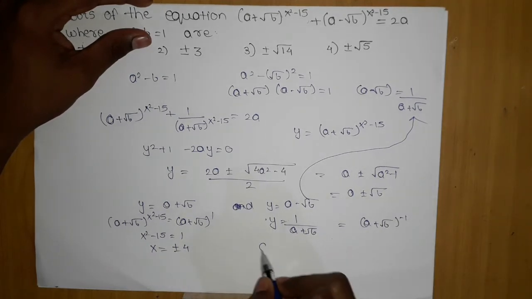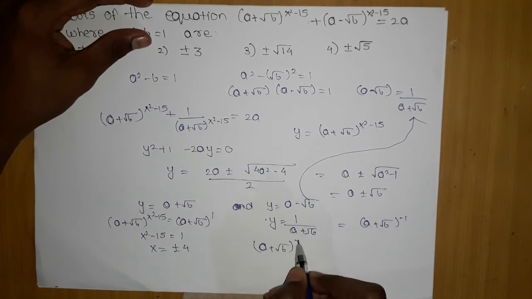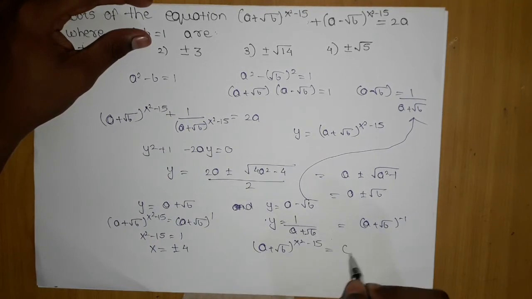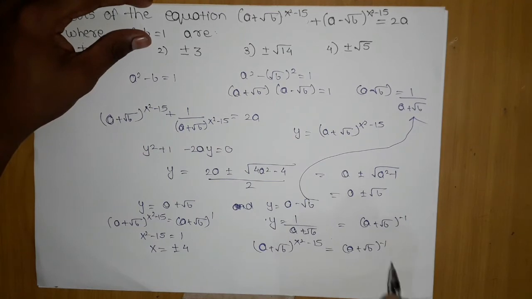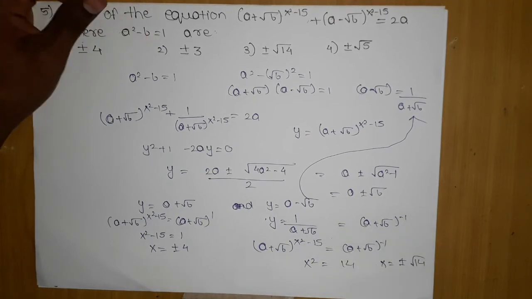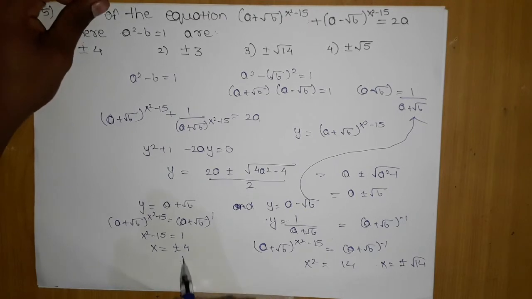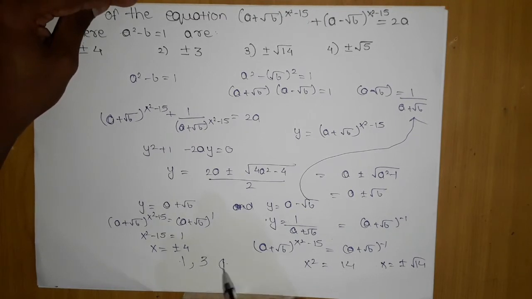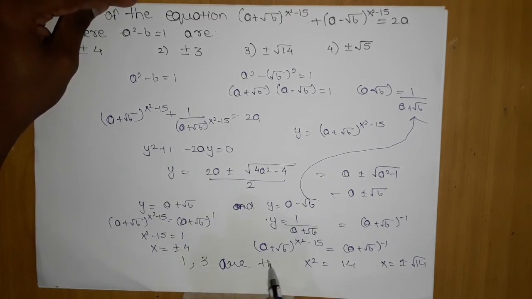If I put here a plus root b to the power x square minus 15, and here a plus root b to the power minus 1, then x square is equal to, here we go, 14, so x will be plus minus root 14. So the first and third are the answer. Sorry, I was telling, the second is the answer.